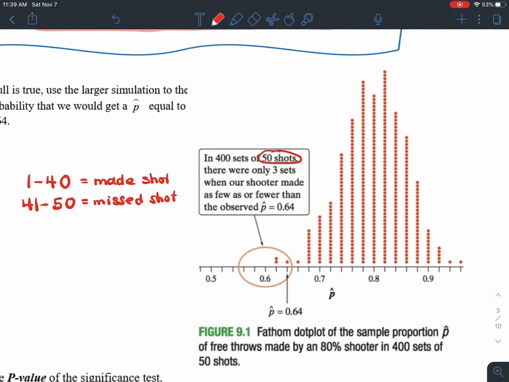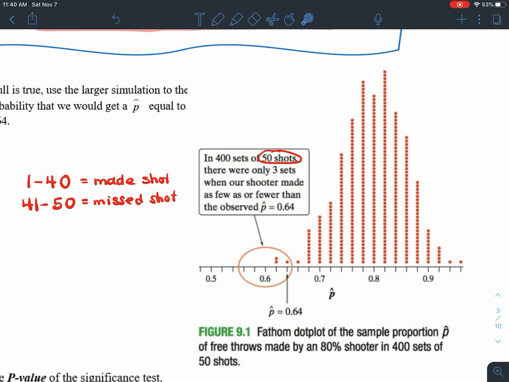Then we would randomly generate 50 numbers between 1 and 50, and we would tally up how many of those numbers were 1 through 40. We would want to allow repeats in this instance, because the numbers 1 through 40 just represent whether he made the shot, and 41 through 50 just counts as a miss.